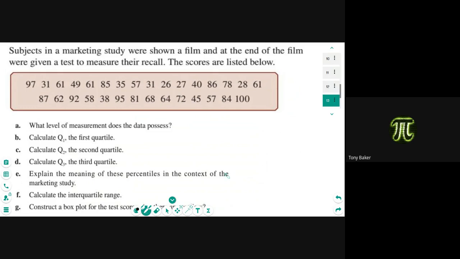All right, your turn. So here are the scores they gave a film. So we want Q1, Q2, Q3, the interquartile range.